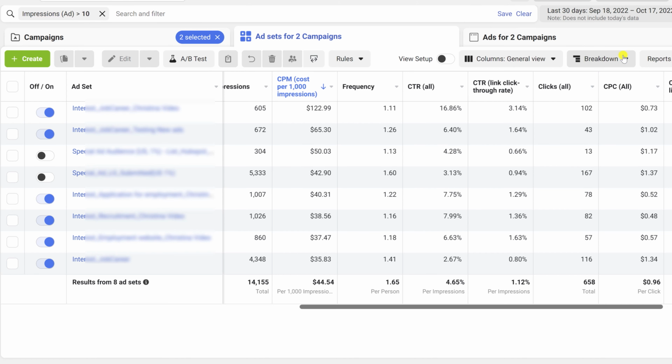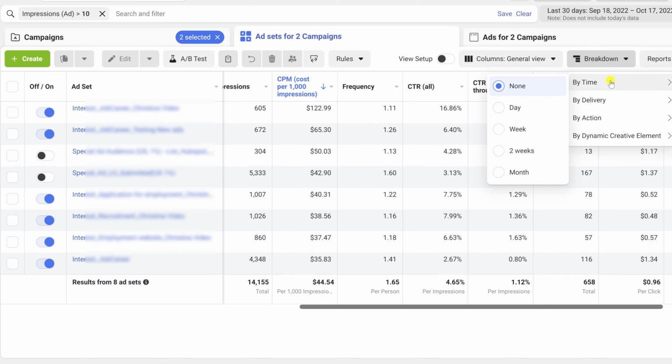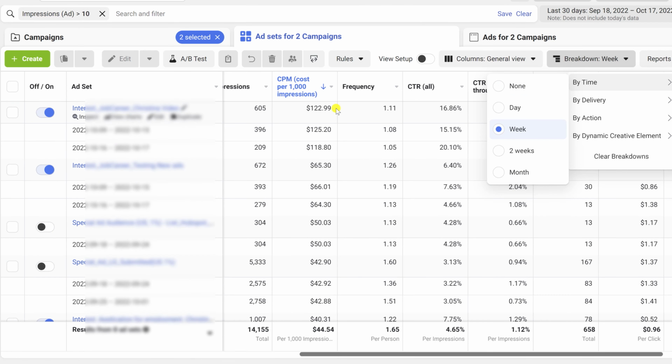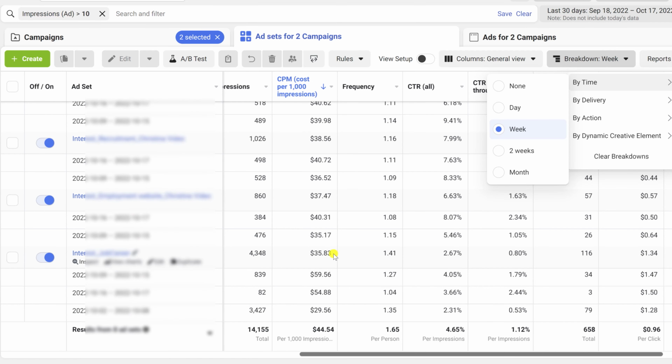If we break down these campaigns by time, let's say per week, we can see that we didn't start with this particular number. We started with a lower one, and then CPM increased. And the same thing goes for the lower CPM. So please notice that CPM is changing per audience and per time.